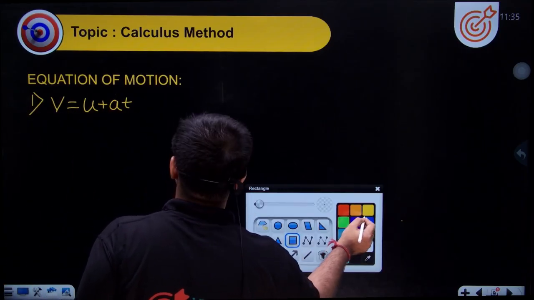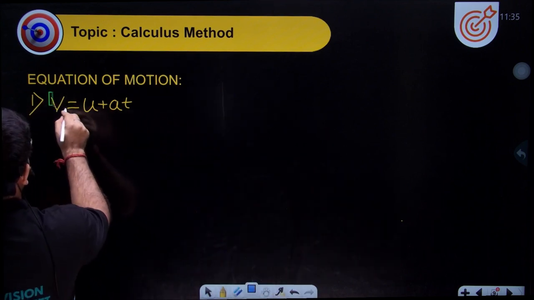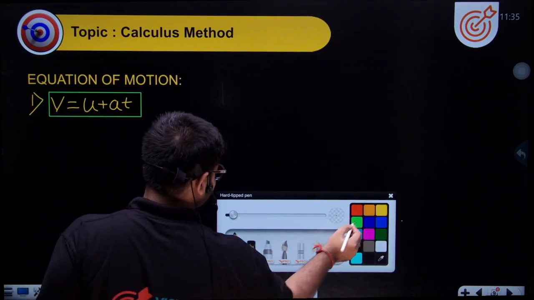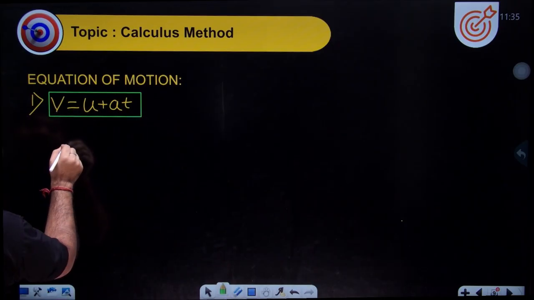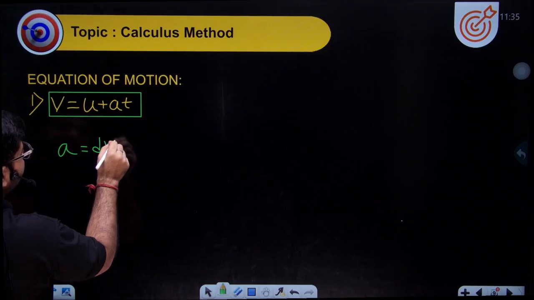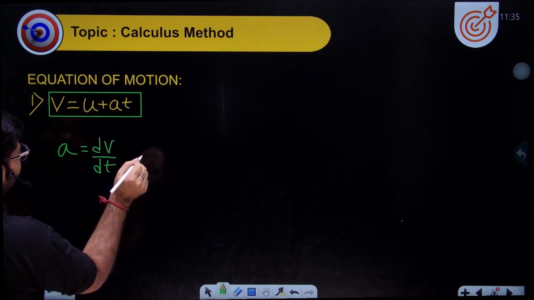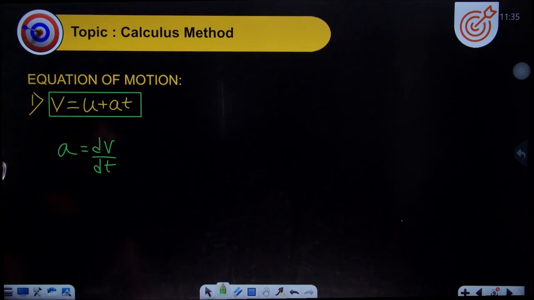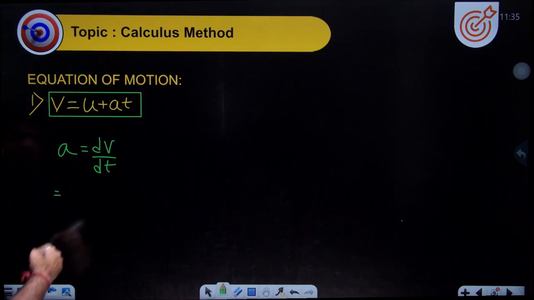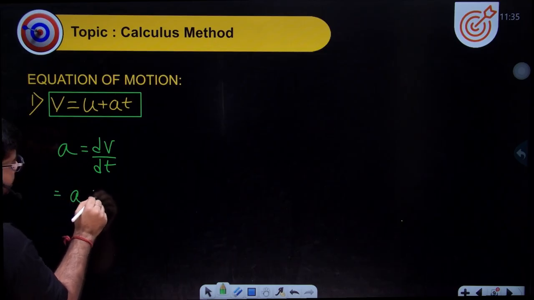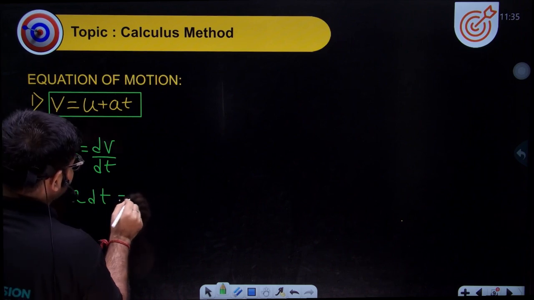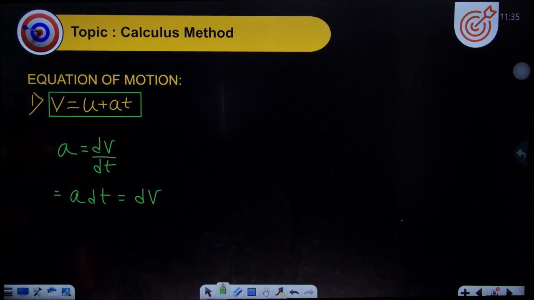I can write that acceleration is nothing but dv by dt, the rate of change of velocity with respect to time. This can be written as a dt is equal to dv.